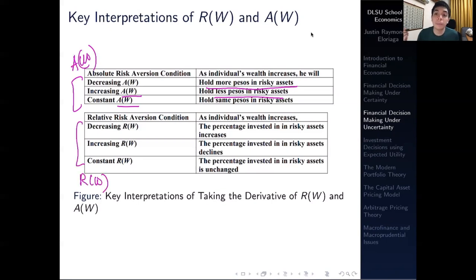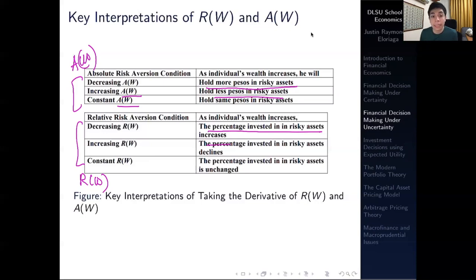If the RW is decreasing, then essentially the percentage invested in risky assets increases, right? Because you are decreasing the relative risk aversion measure. So if this indicates a decrease in relative risk aversion, then the percentage of your total investment portfolio invested in risky assets generally increases, because you wouldn't need a higher amount to compensate when you get additional pesos or units of currency as income.